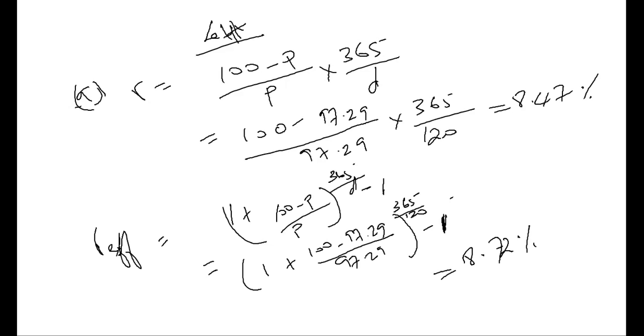And of course, for the effective rate, it's 1 plus 100 minus P over P, raised to 365 over D, minus 1. So you use those two formulas and you should have the answer for 9.